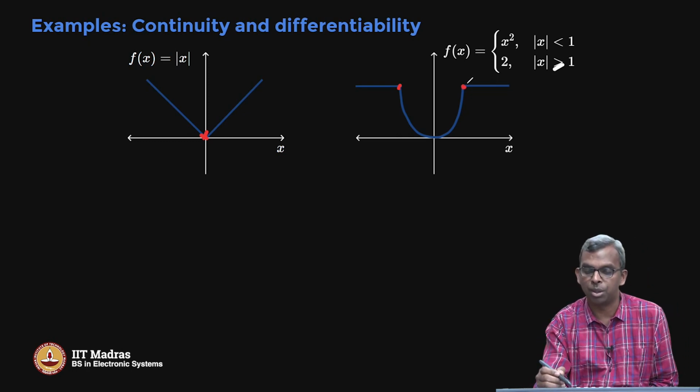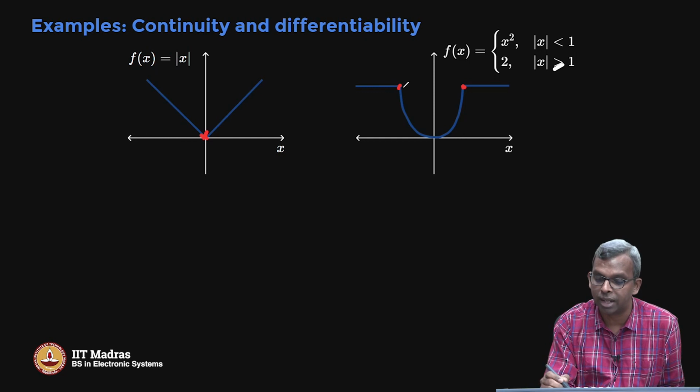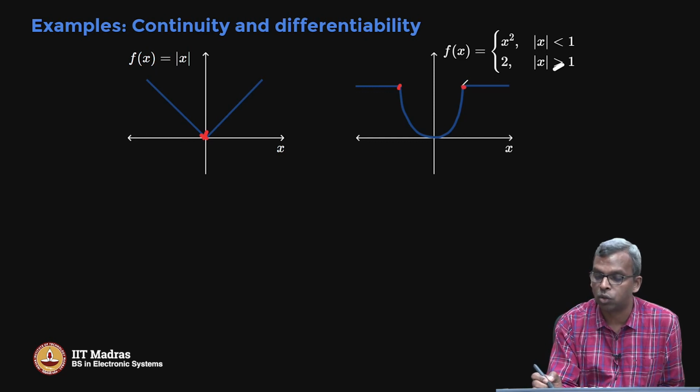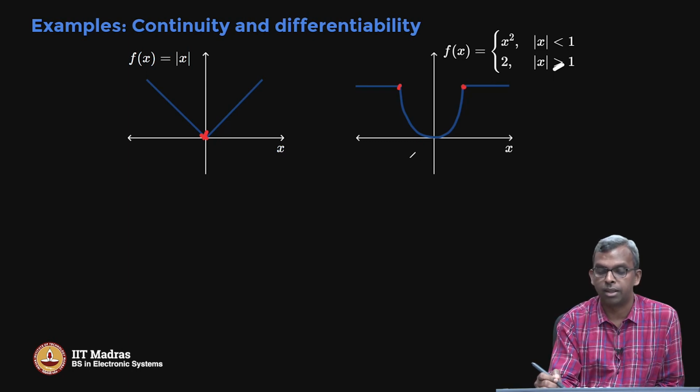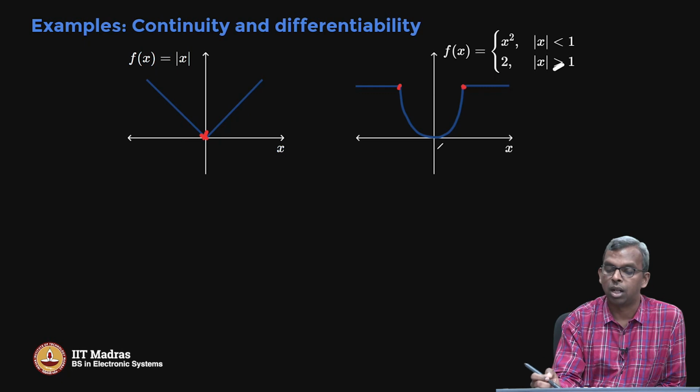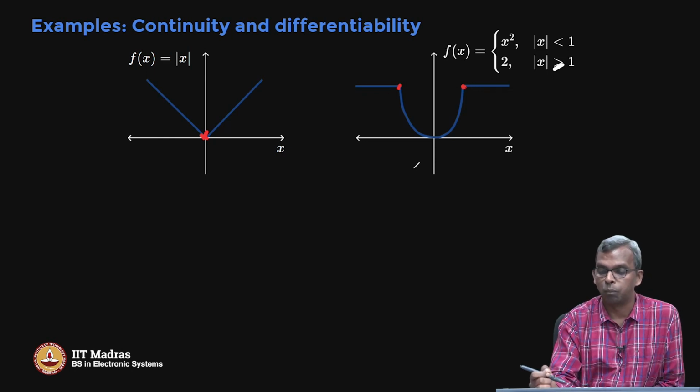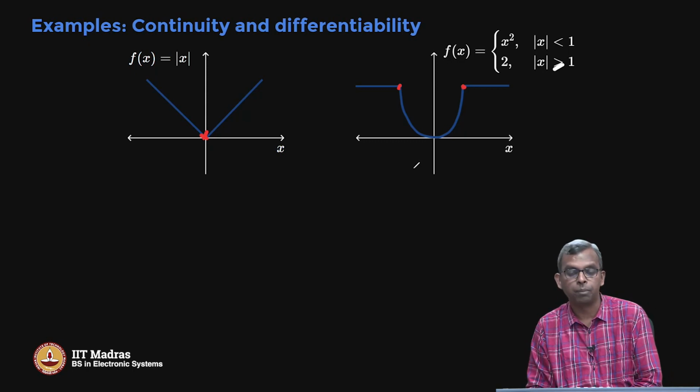You can see the differentiability problem: the slope on either side is not the same here, and here also the slopes on either side are not the same. You will not get one straight line as you zoom in. So these two points are not differentiable. It's continuous everywhere, but not differentiable at x equals 1 and x equals minus 1.